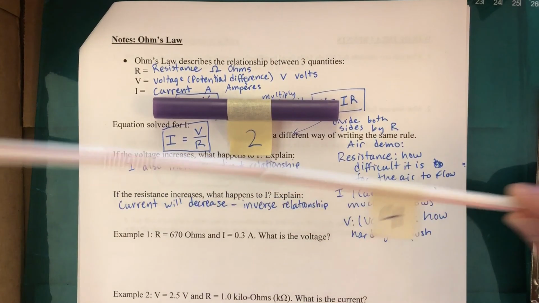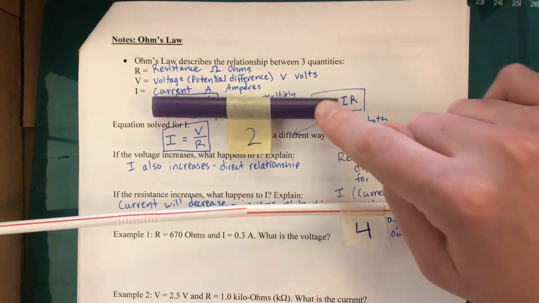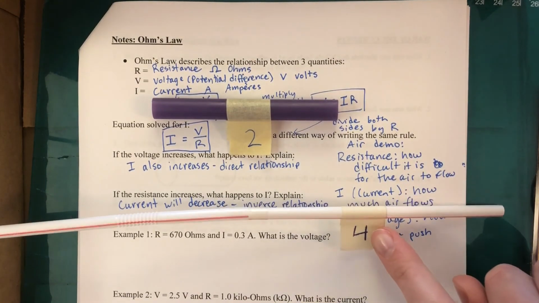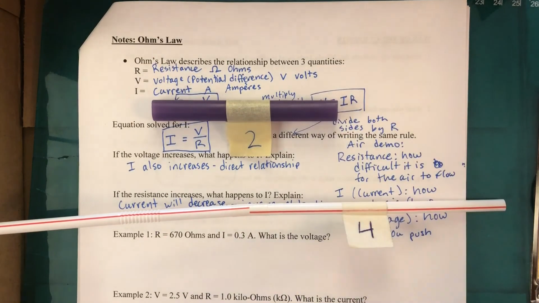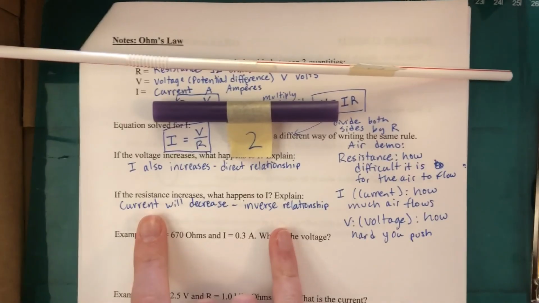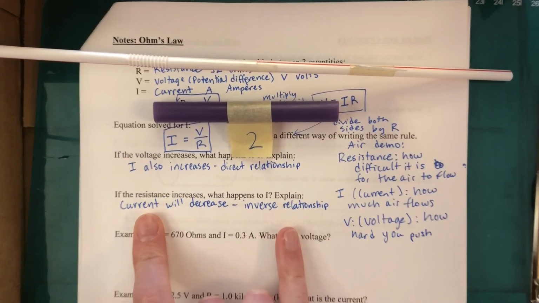It was harder for the air to go through this one than through this one. So if I push with the same amount of force through this straw and through this straw, which one would have more air flowing out of it at once? And does that match the inverse relationship that we see between current and resistance?